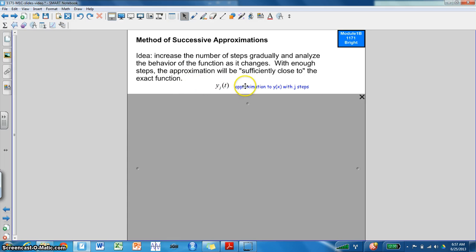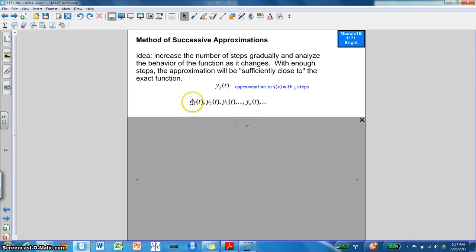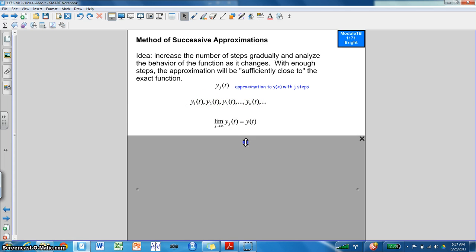Okay, and again, remember the notation we're going to use is y_j of t, y sub j of t, and this means the approximation to y of x with j steps. So again, we form what we call a sequence of approximations. We start with one, like I said before. Really, what the method says is that if we increase the number of steps without bound, that will give us the exact function.